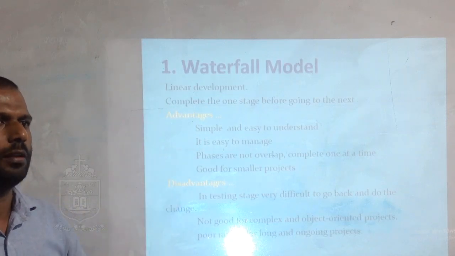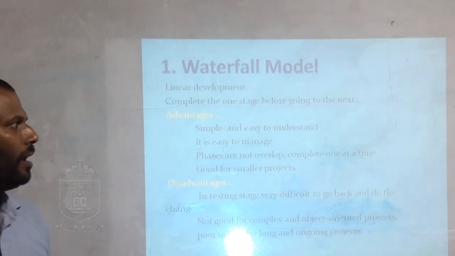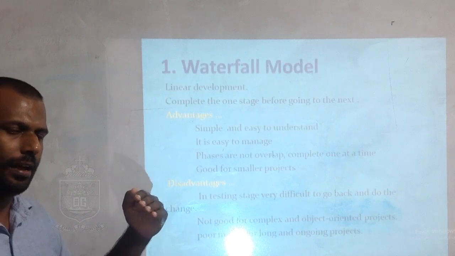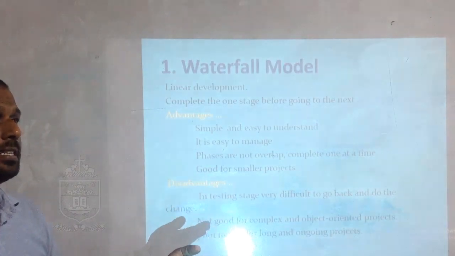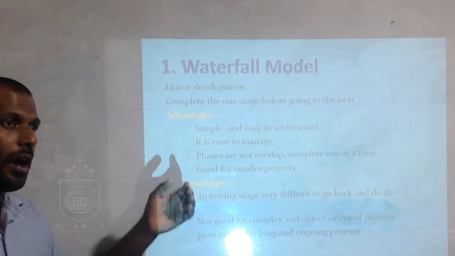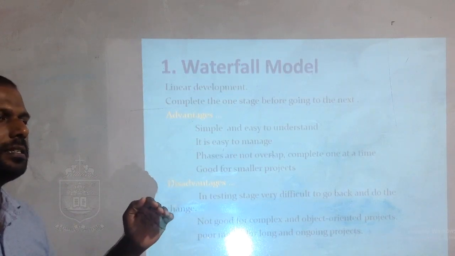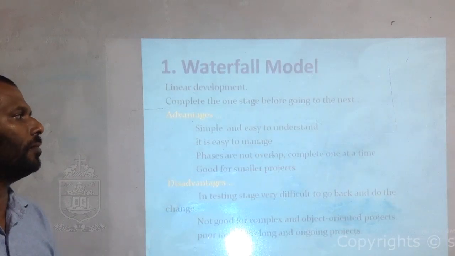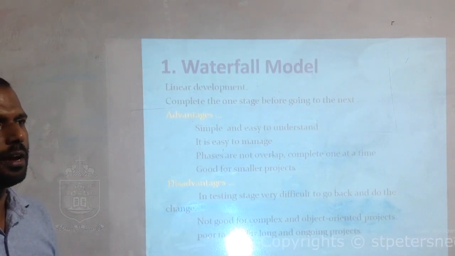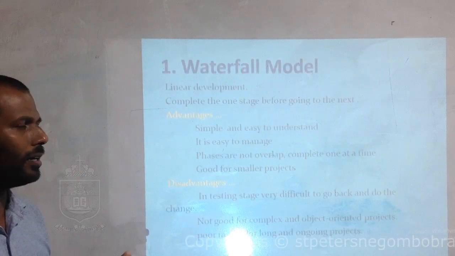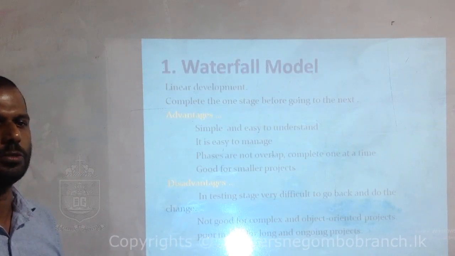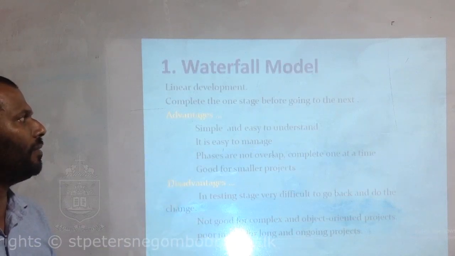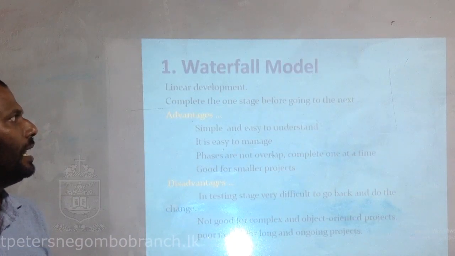Waterfalls fall from top to bottom. Likewise, in the waterfall model, we go through the 6 stages one by one. Once the first initial stage is completed, then you come to the next stage. If you do not complete your previous stage, you can't come to the next stage. That's why you complete one stage before the next.